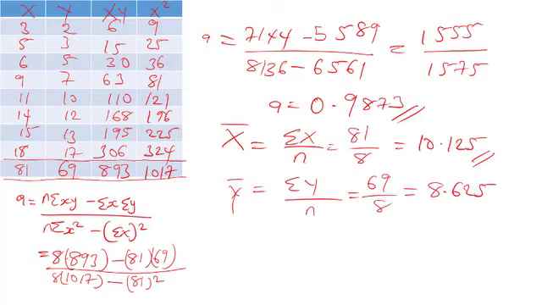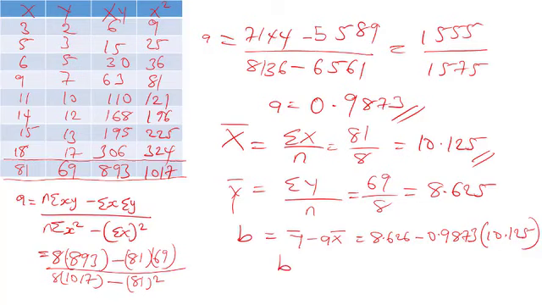That's to say, the value of our b. I want us to get all our terms. b is equal to y bar minus a x bar, which is equal to 8.625 minus the value of our a, 0.9873, times the value of our x bar, which is 10.125.